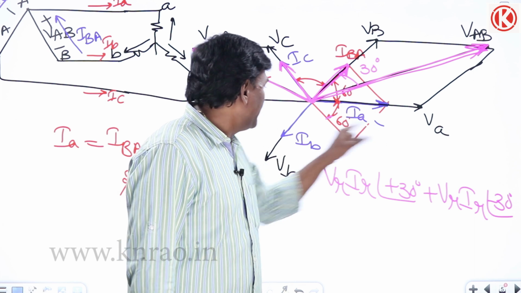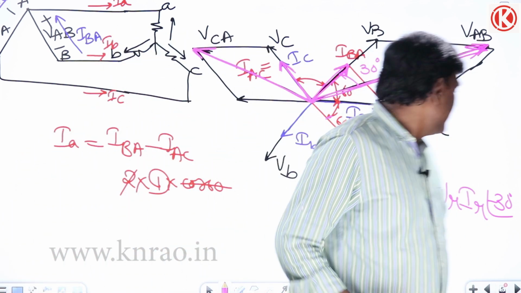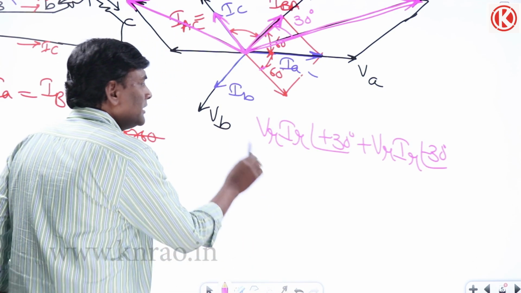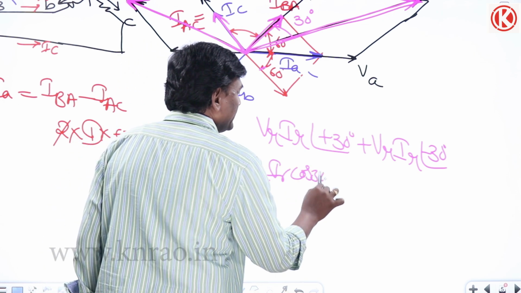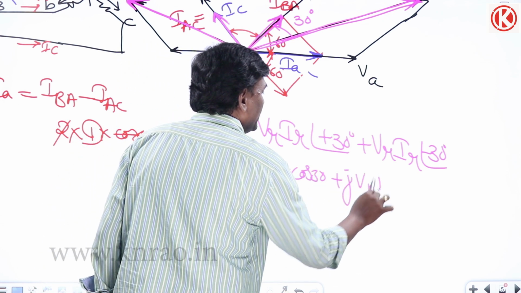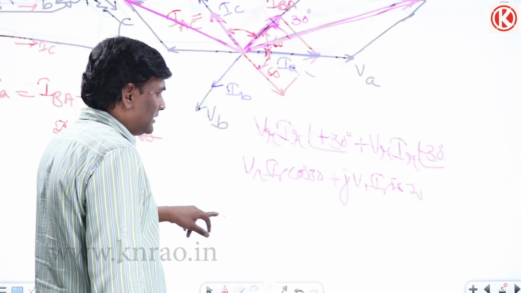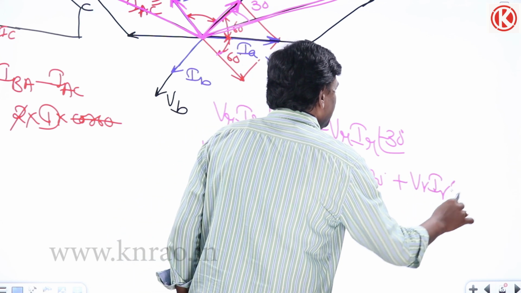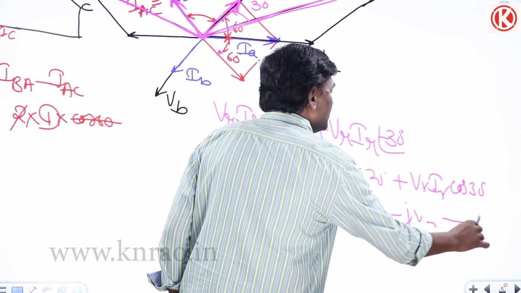But at the load, V and I are in line. Getting my point, right? So if you consider this, it is going to be VR IR cos 30 plus j VR IR sin 30, plus VR IR cos 30 minus j VR IR sin 30.